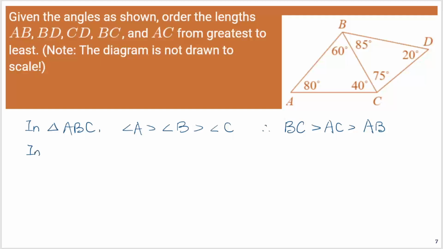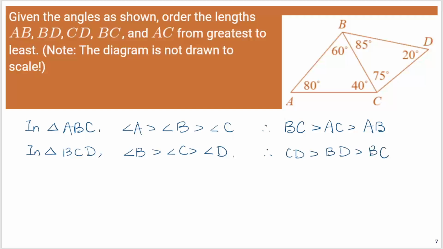And in the other triangle BCD, we have angle B is the largest one. Angle B is larger than angle C, which is larger than angle D. In that case, we have CD is larger than BD, which is larger than BC, right?